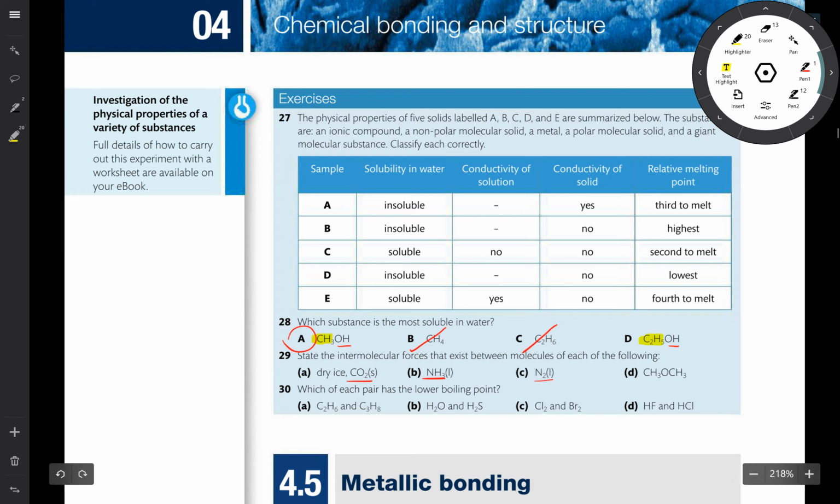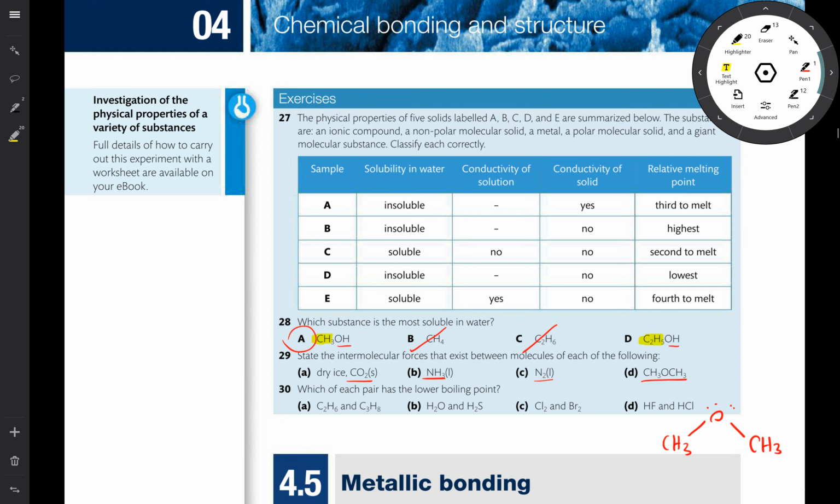N2 is non-polar molecule, it has only London dispersion forces. CH3OCH3, it's ether, although it contains the hydrogen and oxygen, the hydrogen is not bonded to the oxygen. So this molecule can have London dispersion forces and only dipole-dipole attraction. It doesn't have hydrogen bond.